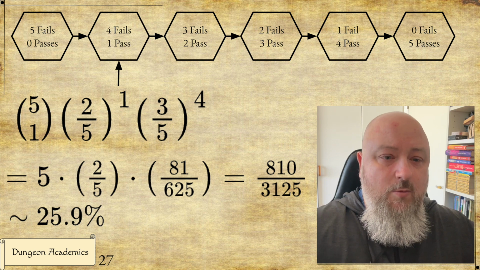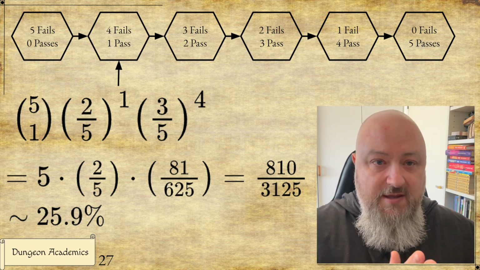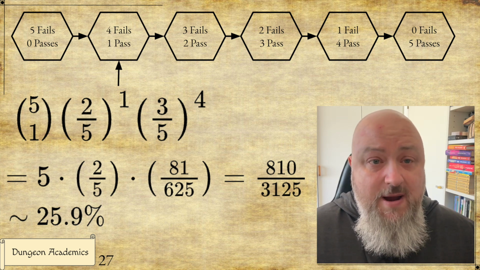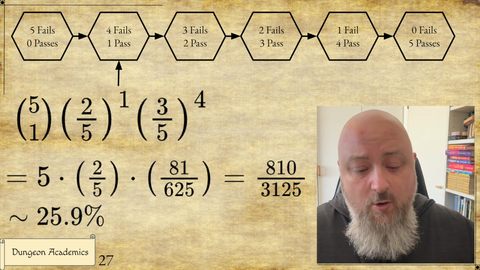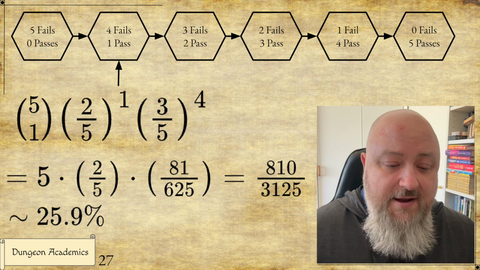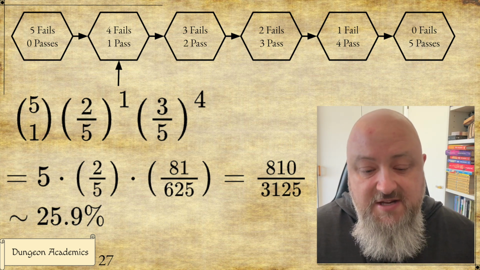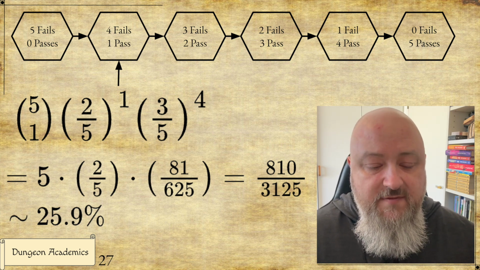There's only 5 ways to arrange this. You can put the success in any of the 5 positions. 2 in 5 to the power of 1 is still 2 in 5. And 3 in 5 to the power of 4 is 81 out of 625. When we multiply these 3 components together, we get 810 out of 3,125.